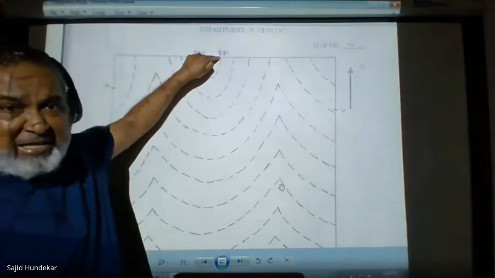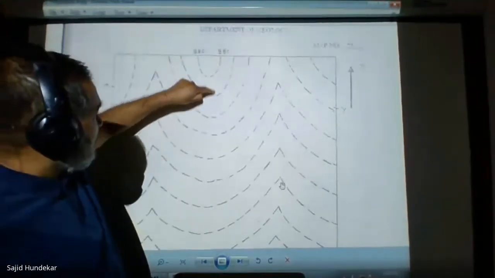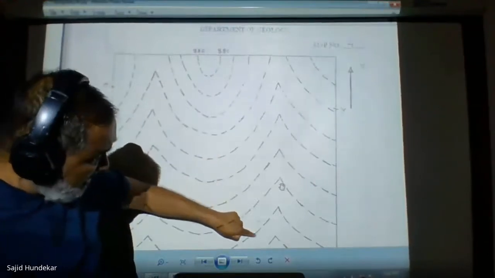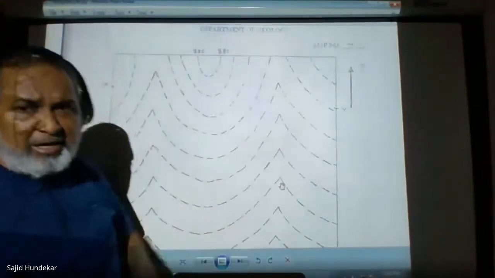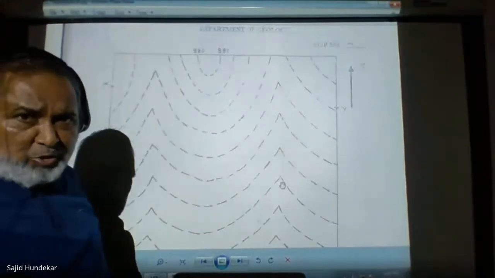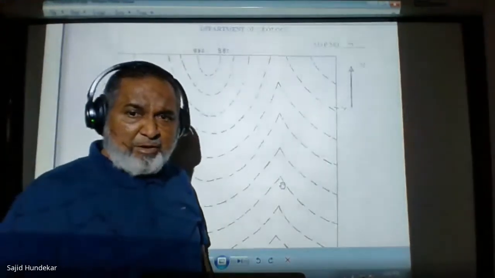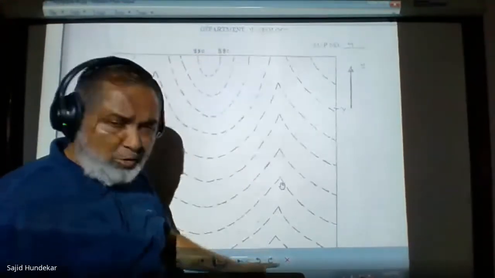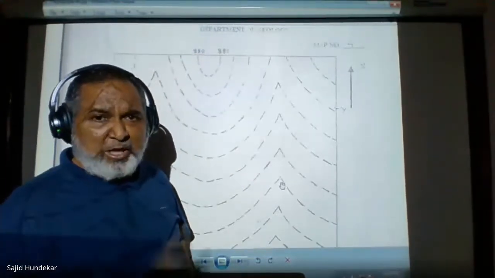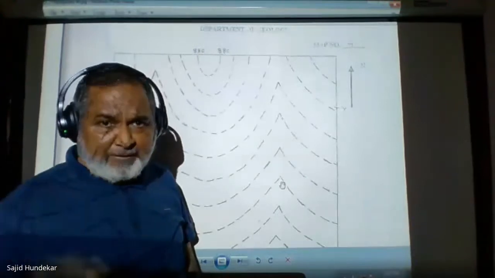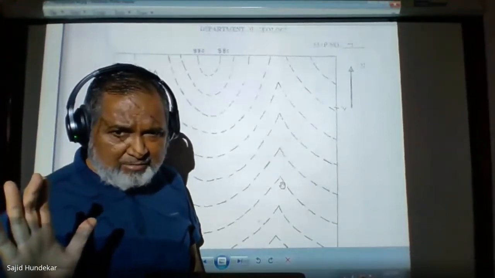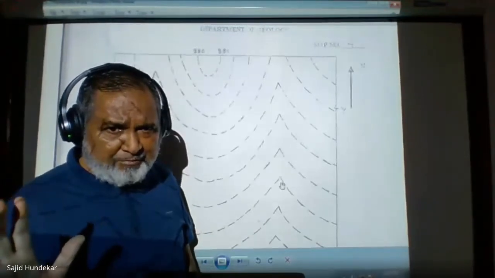How many lines are there in between? 1, 2, 3, 4, 5, 6, 7, 8, 9, 10, 11 and 12. There are 12 lines. The highest point is 880 and the lower side is 440. So 880 minus 440, the difference comes to 440. Understood now? Any problem up to here?